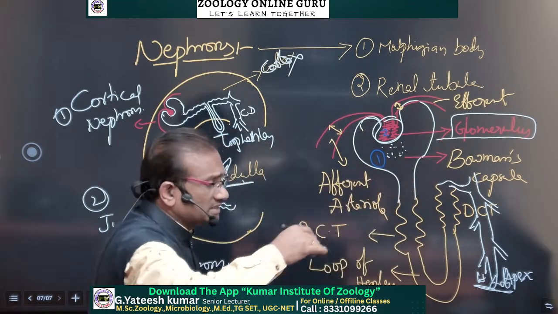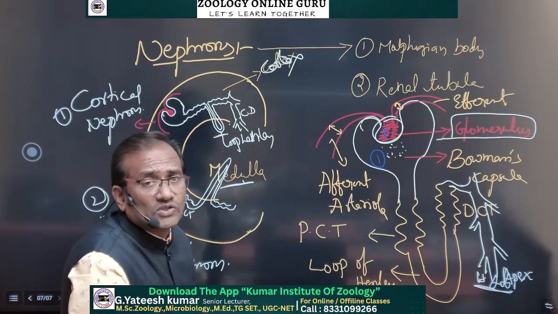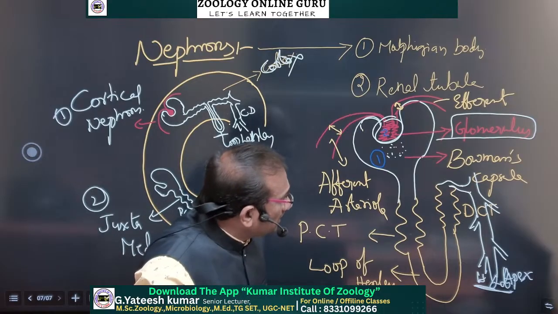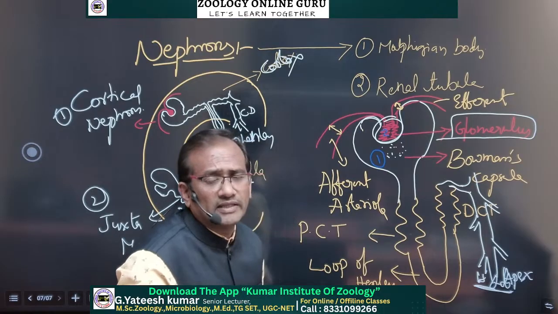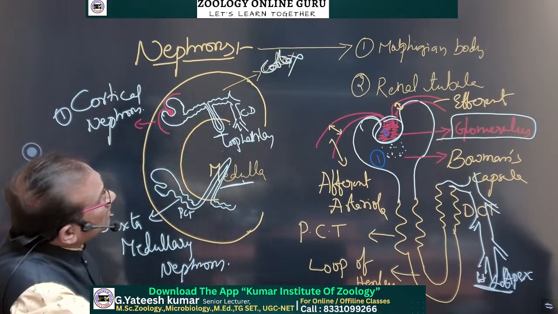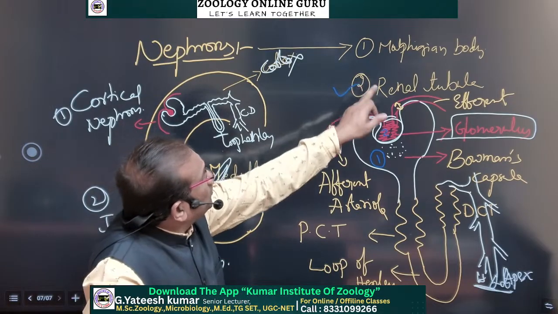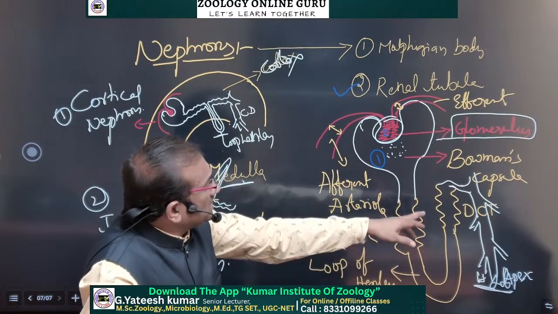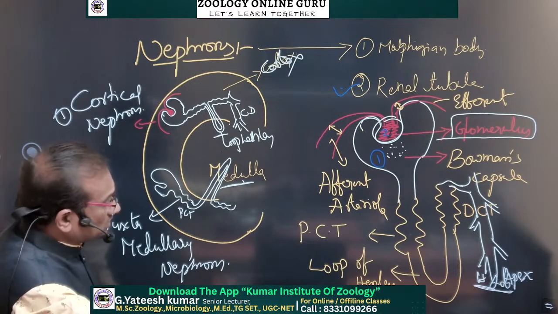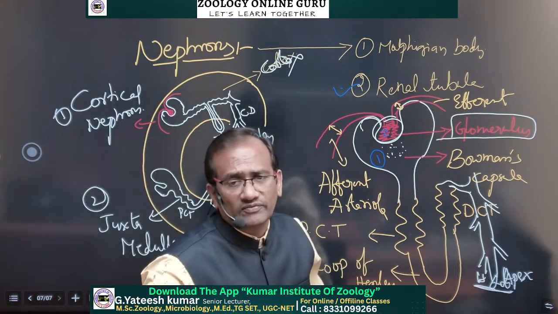In the DCT the urine is concentrated, and the concentrated urine then enters the collecting duct and then to the apex, minor calyx, major calyx and the pelvis. Coming to the renal tubule, renal tubule means PCT, Henle's loop and DCT, collectively called the renal tubule. So this is the structure of a nephron.